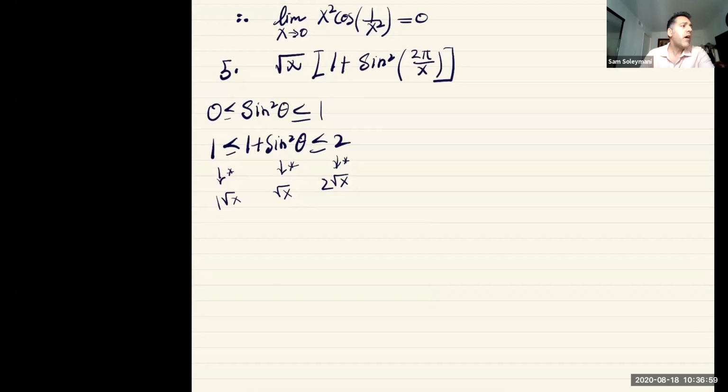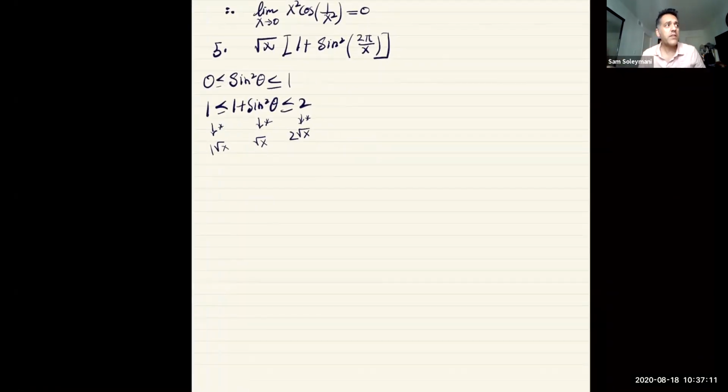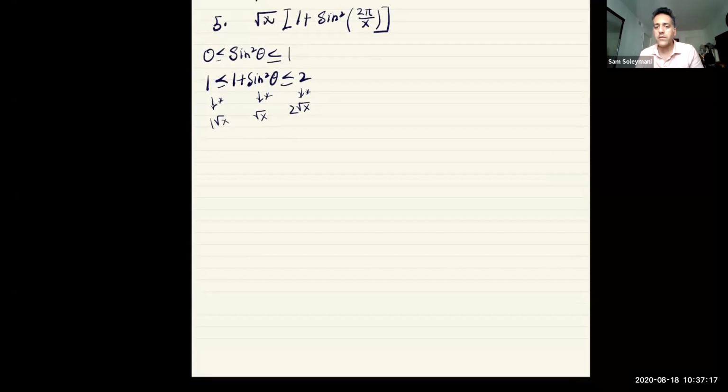Let me talk a bit about problem 6. Problem 6, A and B, is about conjugation. You multiply by the conjugate. Let me talk a bit about problem 7 and do something like number 7.